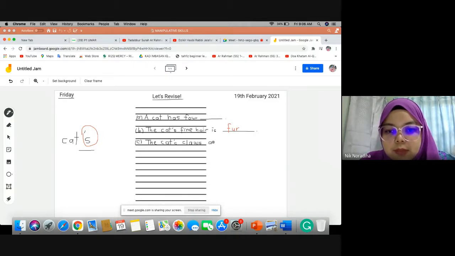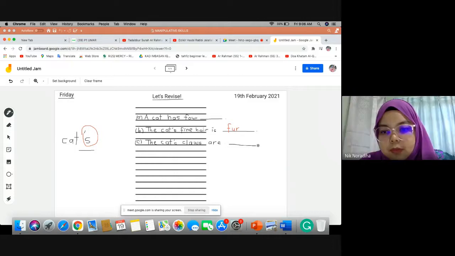Teacher hopes you guys can read my handwriting. If you cannot read, just tell teacher, okay? Okay, so the cat's claws are, what is claw? Okay, at the cat's little hand here.